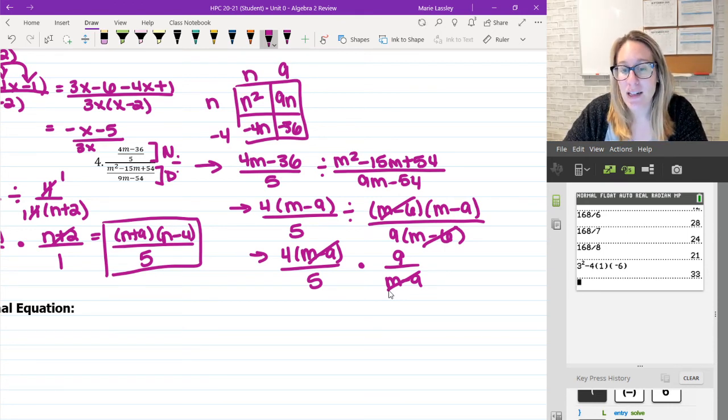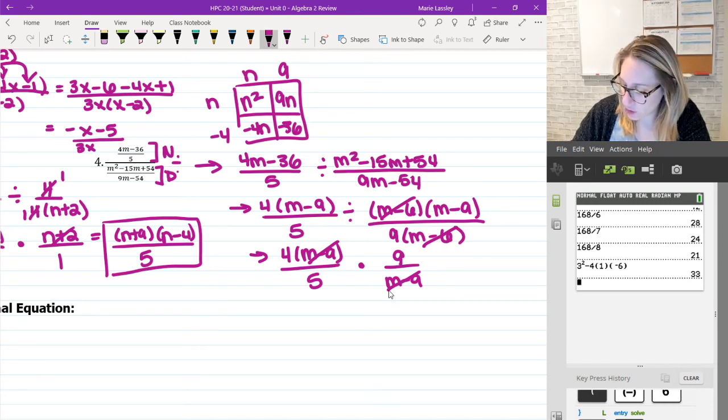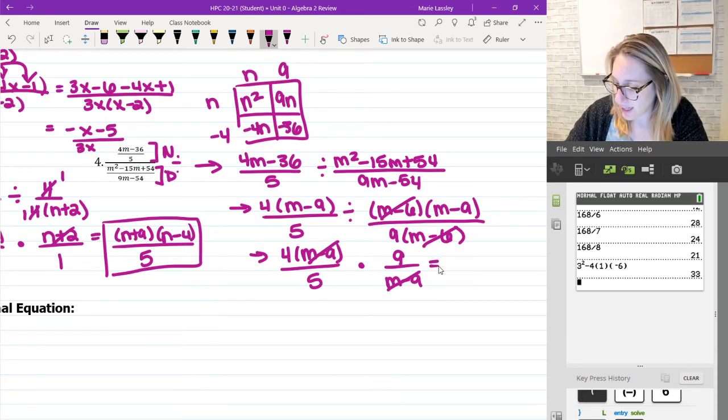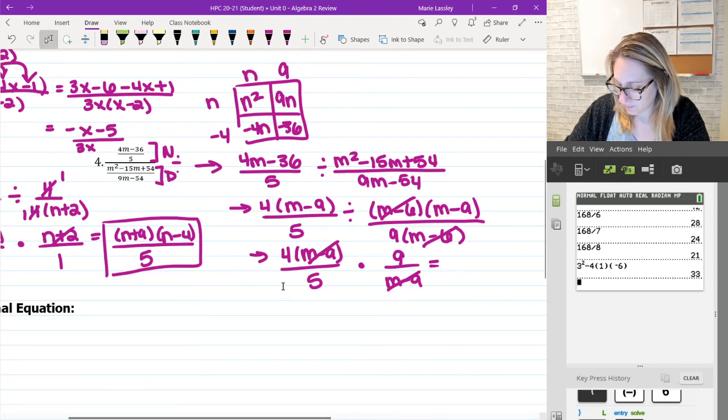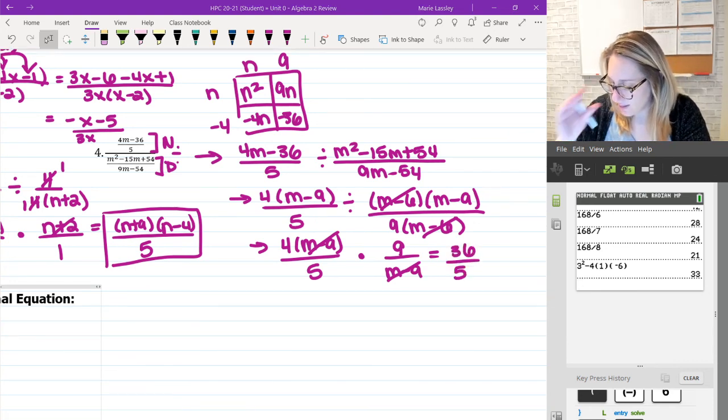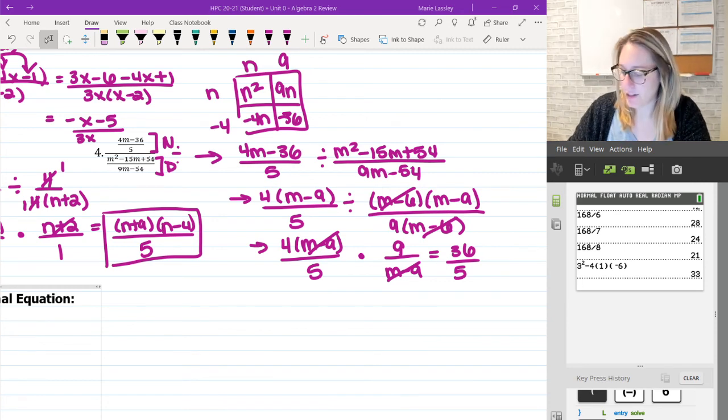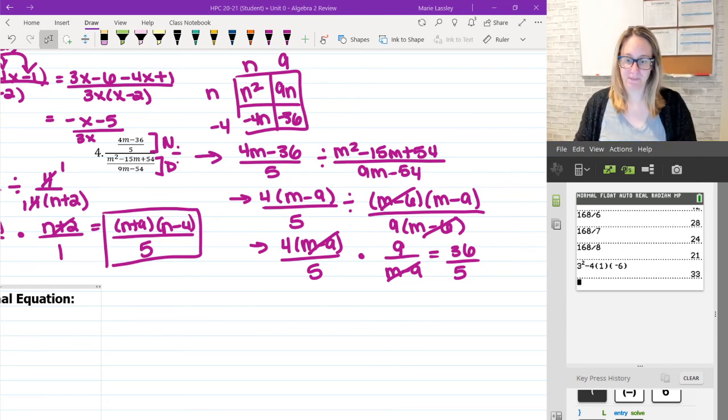It doesn't look like there's anything else that I can simplify, so I'm just going to multiply straight across with what I have left, which is 4 times 9, so 36. And then on the bottom, I just have a 5. So we have 36 over 5.